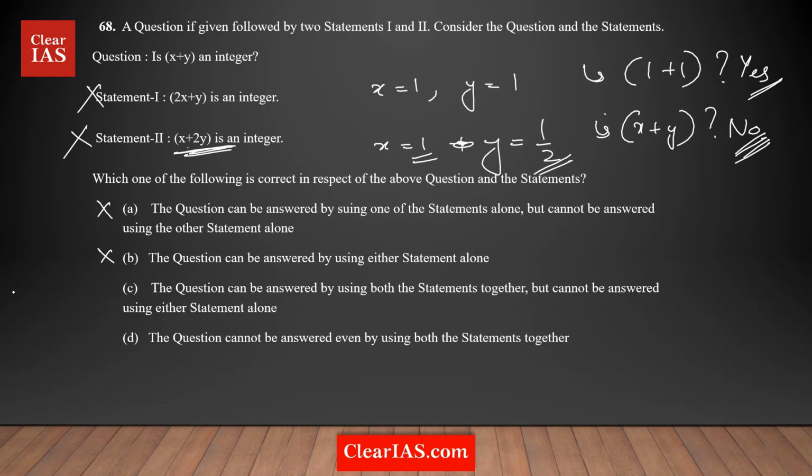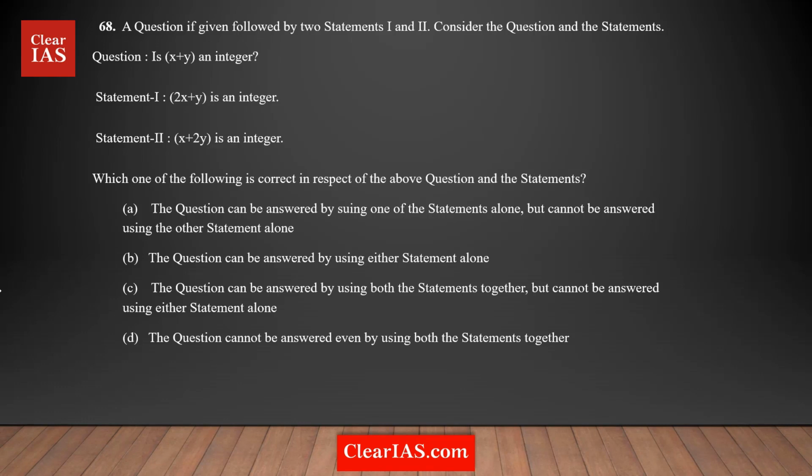Two options are eliminated. Now the next step is to combine both the statements and see whether it is sufficient to answer the question. What will you do to combine it? I know that 2x plus y is an integer value, and I know that x plus 2y is also an integer value, correct?